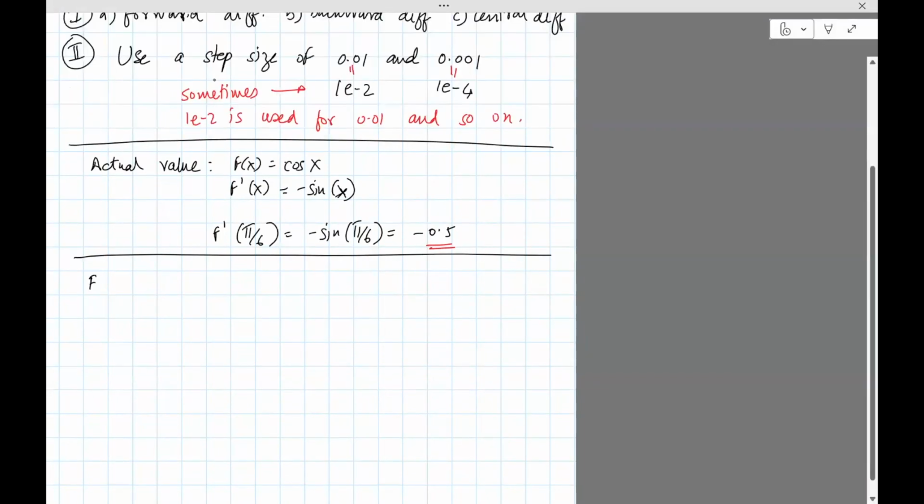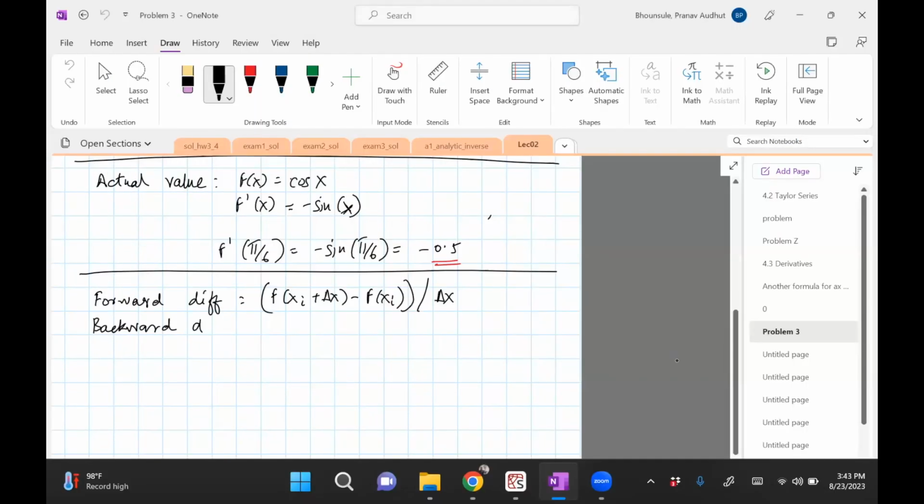So forward difference, we saw the formula is f of xi plus delta x minus f of xi divided by delta x. Backward difference formula is as follows.